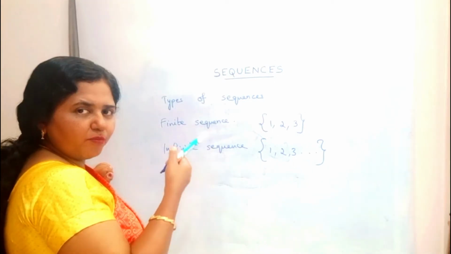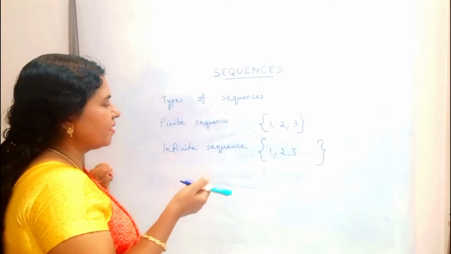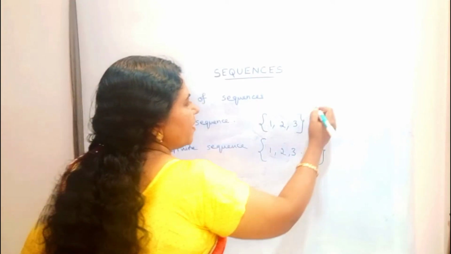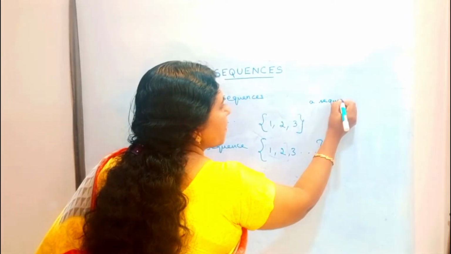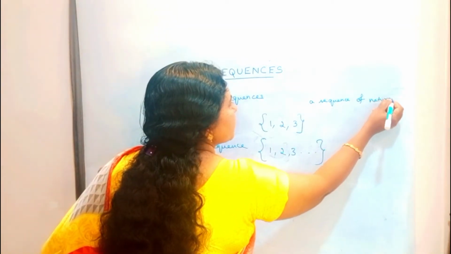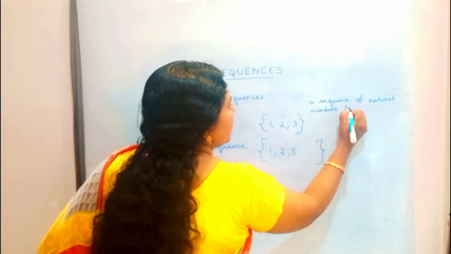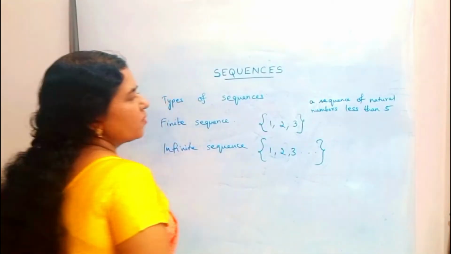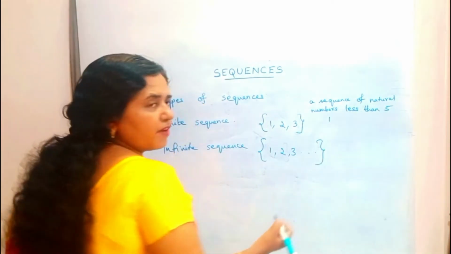We can see one more example to know the difference between a finite sequence and an infinite sequence. In the case of a finite sequence, we can consider a sequence of natural numbers less than 5. The natural numbers start from 1.